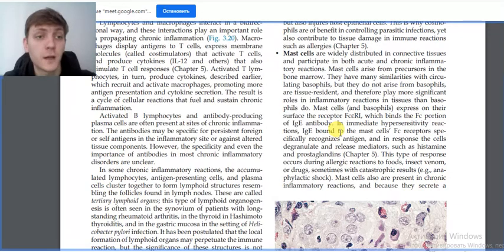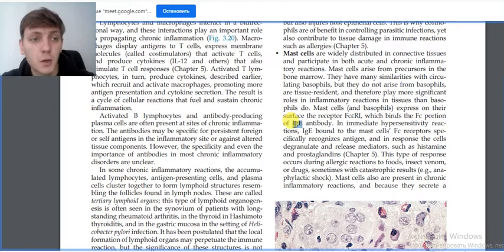Most effects of acute inflammation we discussed before are mediated by histamine and heparin, which we discussed in the first lecture of inflammation. They are produced by mast cells first of all. But on the surface of mast cells we have IgE antibody. So IgE antibodies play a role of membrane receptors. They attach to the membrane of the mast cell and play a role of membrane receptors.